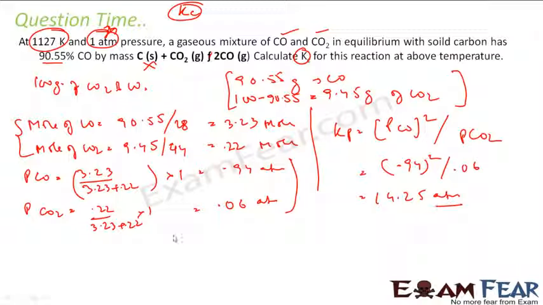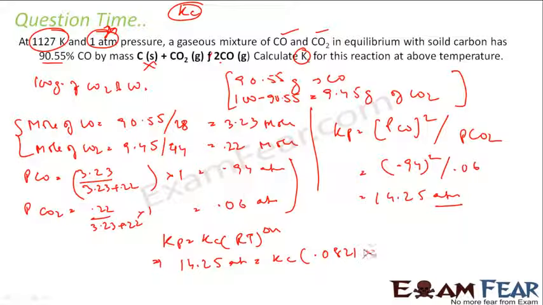I have the value of Kp, so I can find Kc very easily. Kp is equal to Kc RT to the power delta n. Delta n is 2 minus 1, that is 1. So let me put the values. Kp is 14.25 atm, equal to Kc, which I don't know, times R, 0.0821, times T, 1127 Kelvin, to the power delta n, 1.